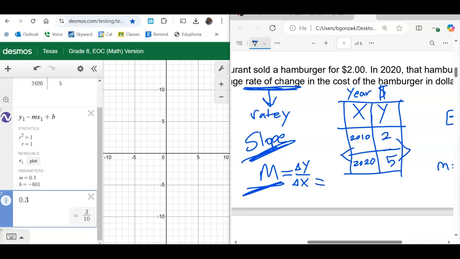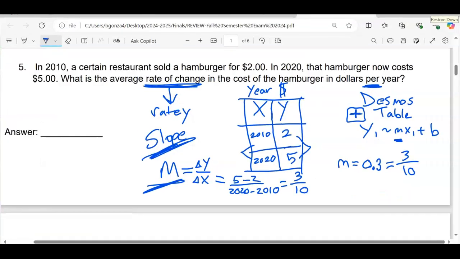So you get what? 5 minus 2 over 2020 minus 2010. And then we do the math. 5 minus 2 is 3. 2020 minus 2010 is 10. No matter how you do it, you get 3/10. Cool. 0.3 is fine as a decimal.